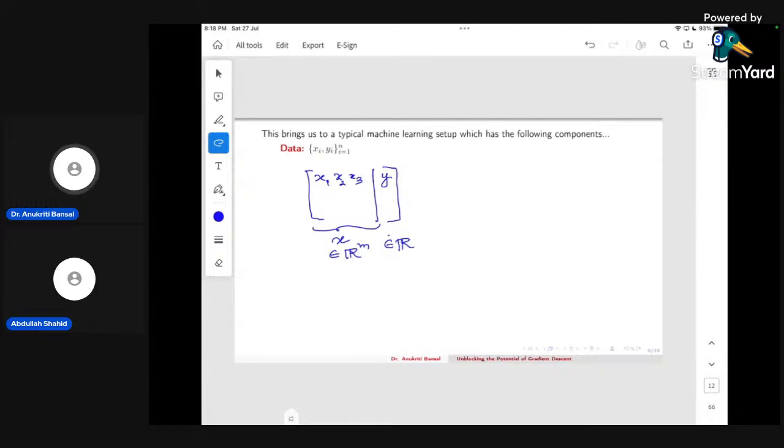So we have different examples. This can be rainfall parameters, where y is the amount of rainfall. Or take an example of how much loan will be approved for a person. There can be different parameters on the basis of which the amount will be decided.